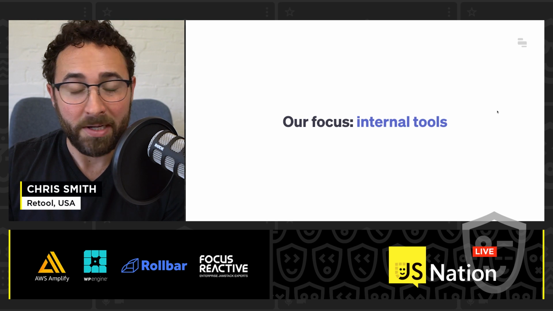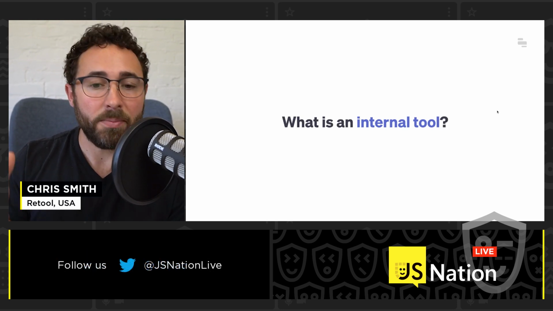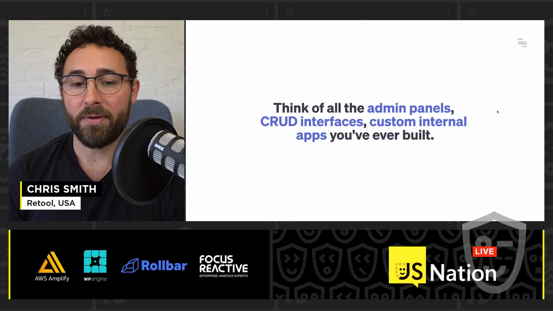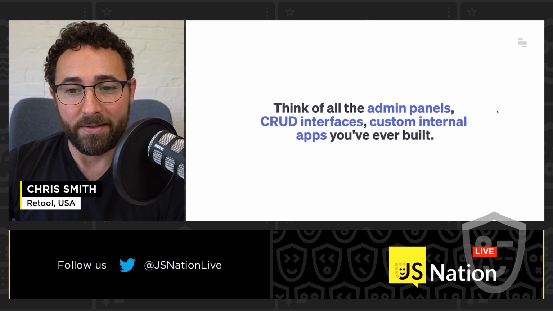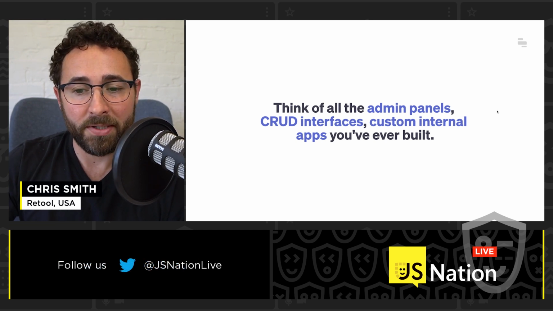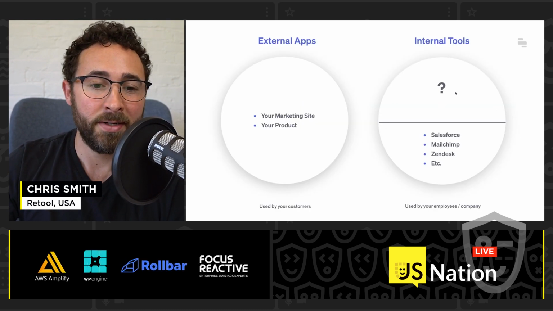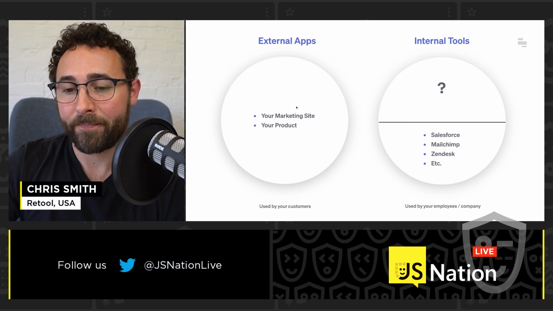And you might be wondering, what is an internal tool? And just think about all of the admin panels, the CRUD interfaces you've ever built, the custom internal apps. And these kind of exist in combination with all the software you write for your external customer base, say your marketing site, your product, if you're a SaaS company.